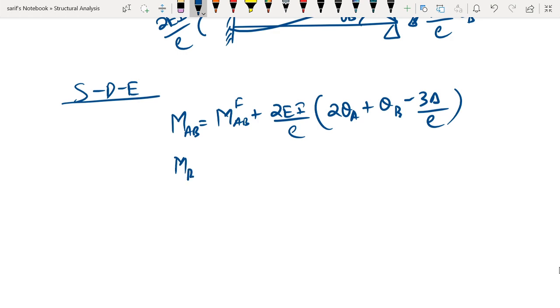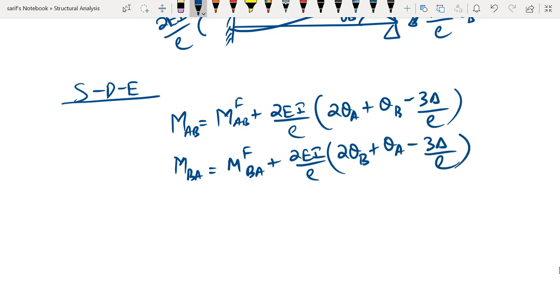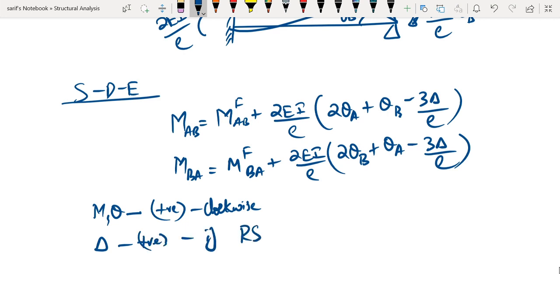Similarly, you can write the expression for MBA, that is equal to MFBA plus 2 EI by L into 2 theta B plus theta A minus 3 delta by L. And here all the moments and rotations are positive clockwise, and delta is positive if the right support settles with respect to the left support for the span that you are considering.